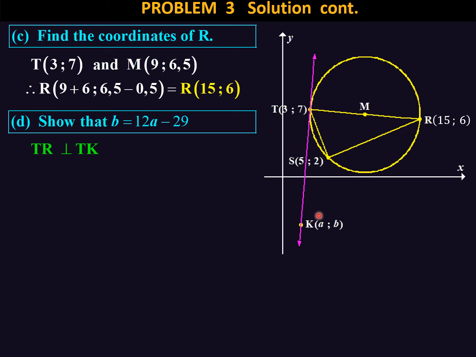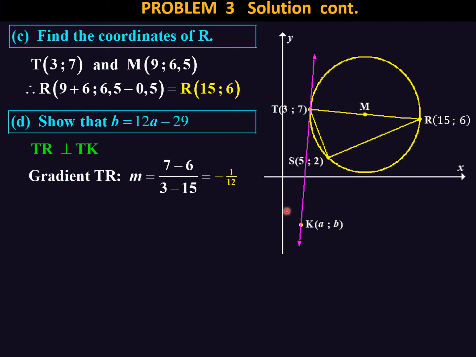TR I know is perpendicular to TK because the diameter and the tangent are perpendicular. Okay. So if we find the gradient of TR, which should be very easy, gradient of TR. So I use point R and point T, and that gives me -1/12.